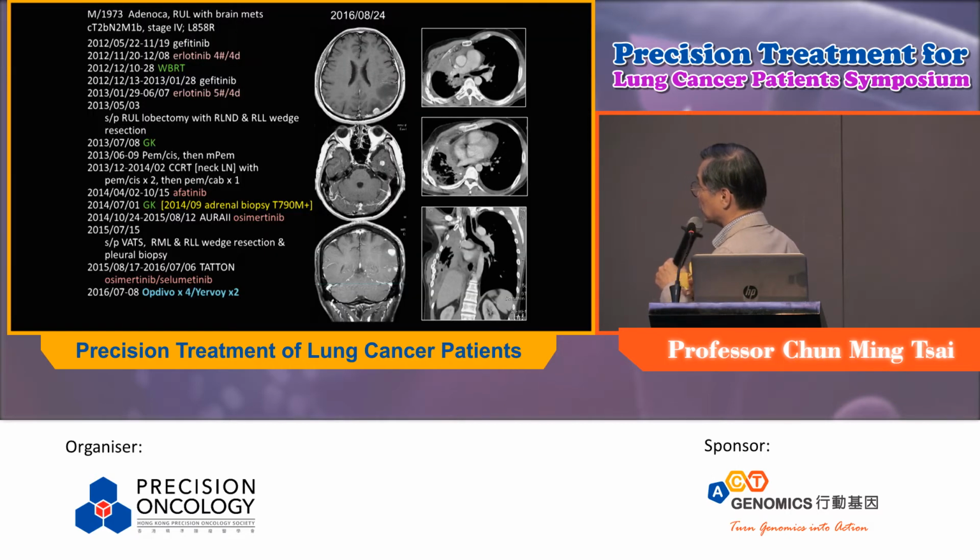This one is the last case. I'd like to show you a young patient, born in 1973, who had brain metastasis at diagnosis. But the tumor has EGFR mutations.